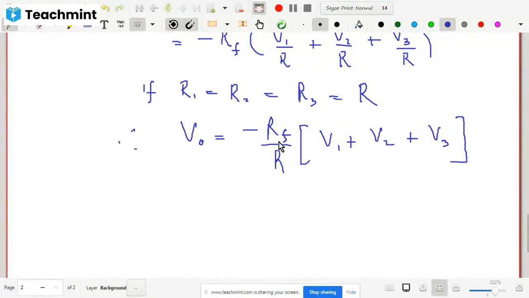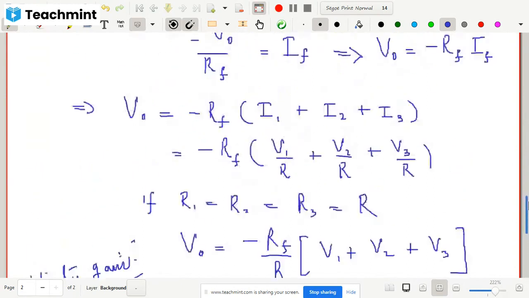Now, if you want the output to be equal to the sum of the input voltages, then these two should be equal. That means you will have to design an amplifier with unity gain. That means you need to take the feedback and all the input resistances of the same value.